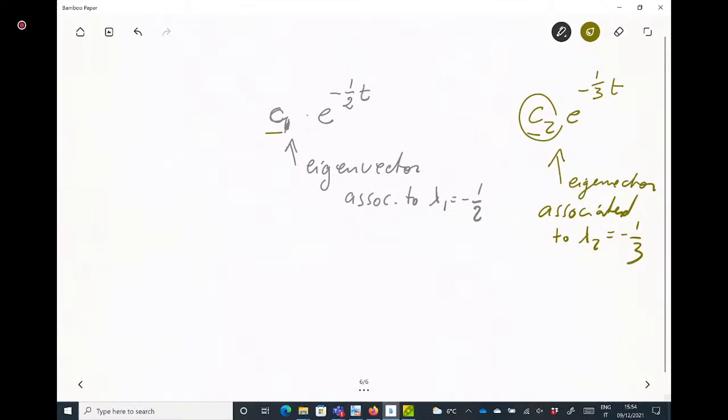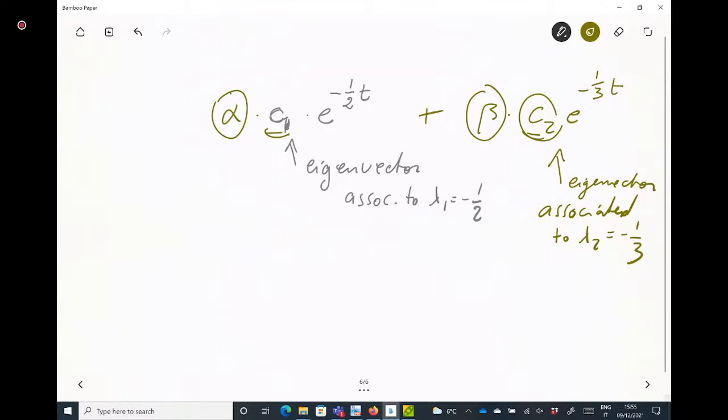If these are two solutions that correspond to our guess, and they are actually solutions, also their sum is a solution, and also any linear combination of the two. So I could multiply this by alpha and this by beta. But I don't need to multiply by alpha and by beta, because C1 and C2 are by definition arbitrary vectors that correspond to a constant times a prototype vector, okay?